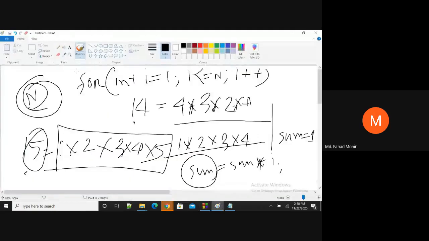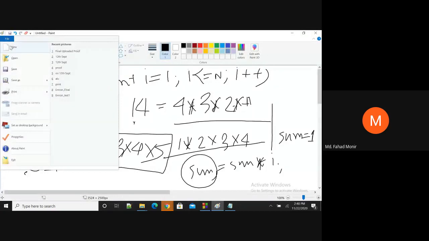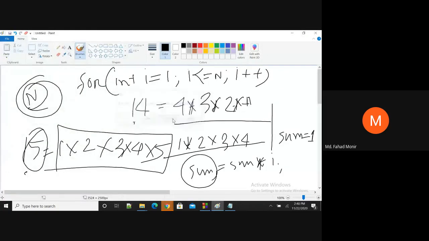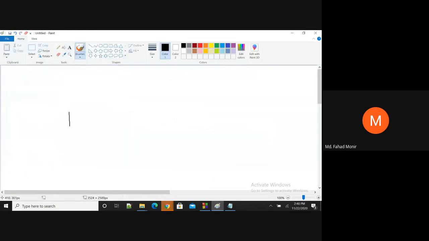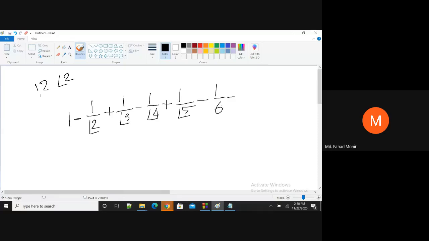Now if I tell you to do something like this in the exam, for example 1 minus 1 over factorial 2, we can write the factorial like this, or some people write it like this, right? So 2 plus 1 over 3 minus 1 over 4 plus 1 over 5 minus 1 over 6 and so on, right?